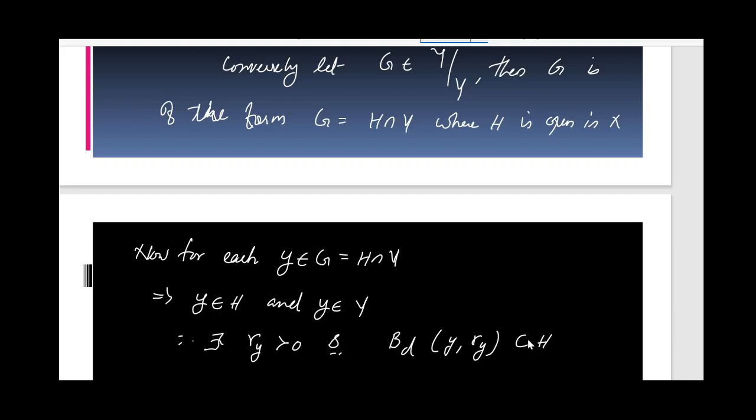H is open means every point is an interior point. We have studied that. So for this y, there is an open ball with radius r_y completely contained inside H. So B_d(y,r_y) is contained in H.